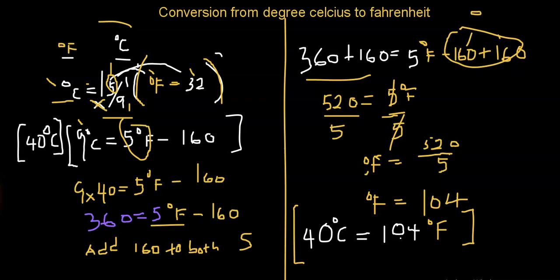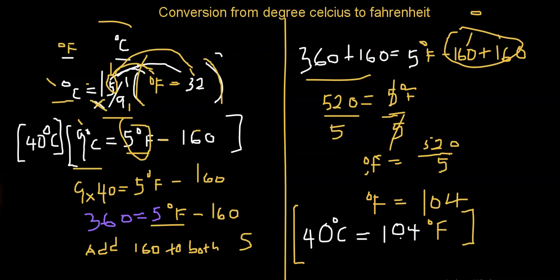When 5 stands on its own, we play around 5. You've been taught expansion. We play around 5 to degree Fahrenheit, and we also play around 5 to 32. Breaking it down, we had 9 degrees Celsius is equal to 5 degrees Fahrenheit minus 5 times 32, which gave us 160.